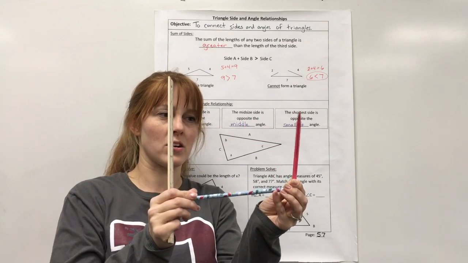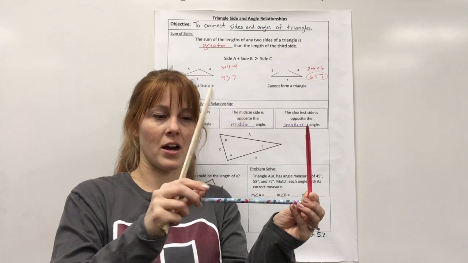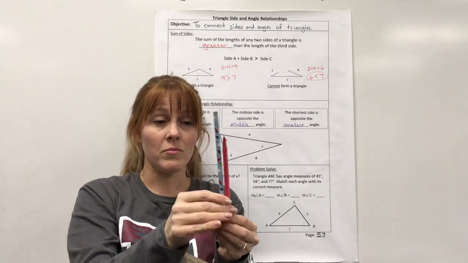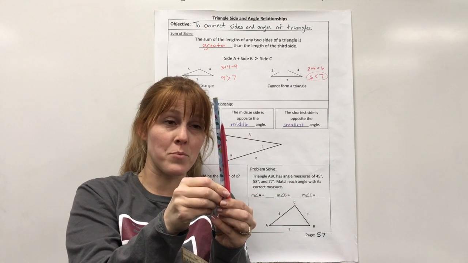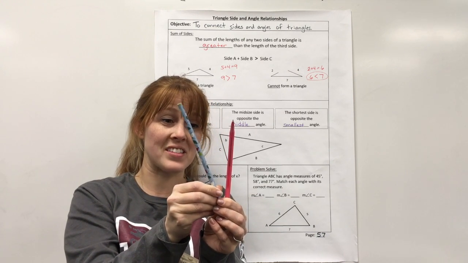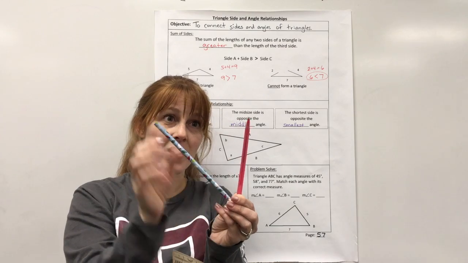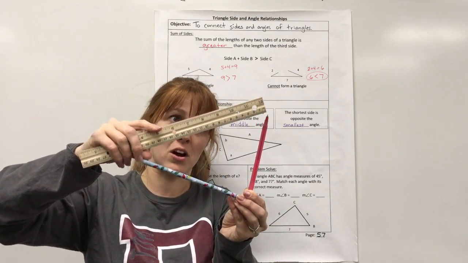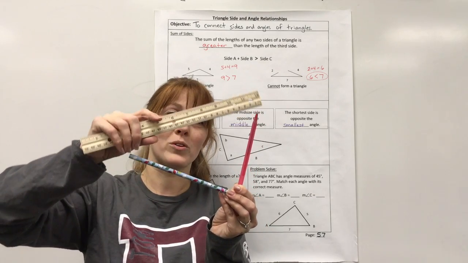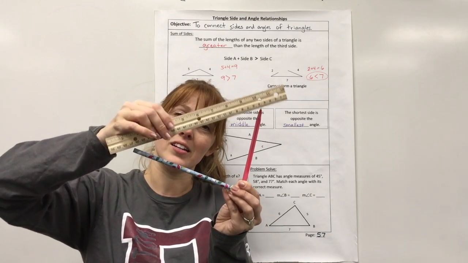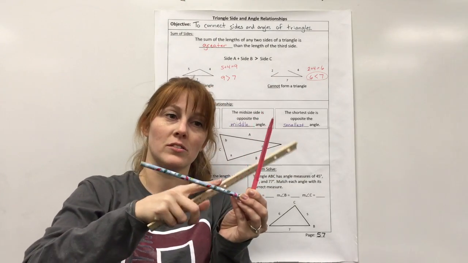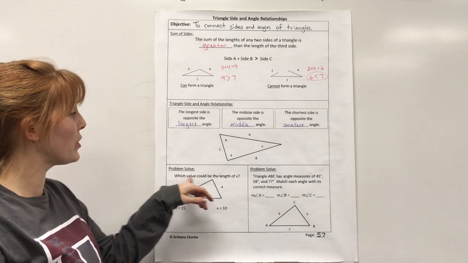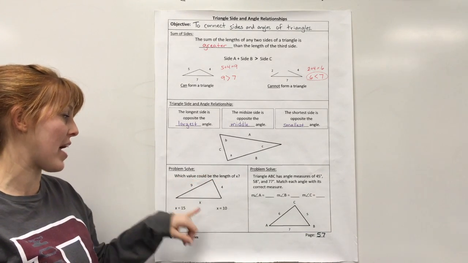I increase the angle more and it's gotten longer. I increase the angle more and it's gotten really long. The more that I move these sides apart and this angle increases, the side that connects across from them has to increase as well. It gets longer and longer, which is why the longest side is across from the largest angle, okay?